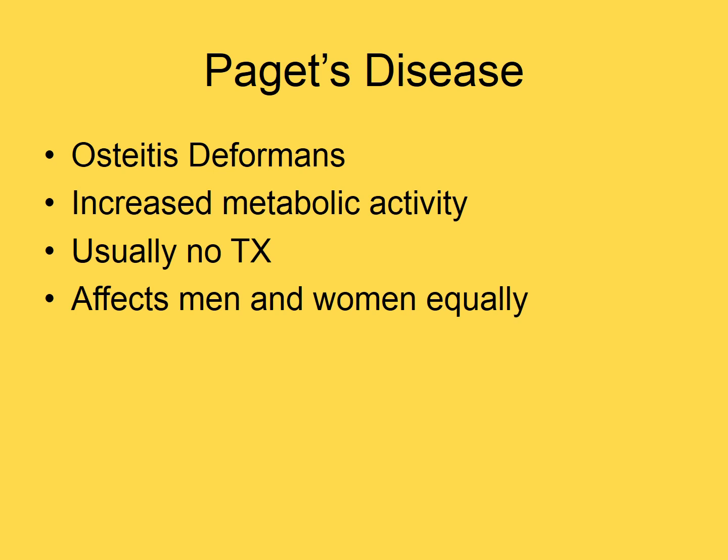We can do an X-ray, which can show the characteristic appearance. An alkaline phosphatase test can be done because an elevated level of alkaline phosphatase in the blood can suggest Paget's disease. Bone scan is usually useful in determining the extent and activity of the condition.